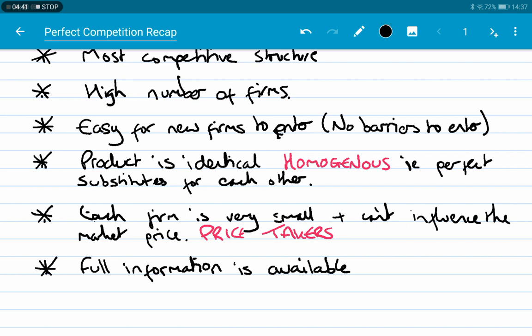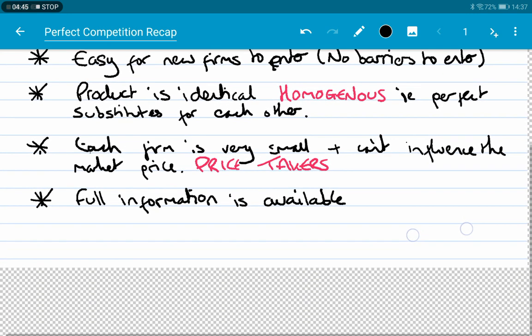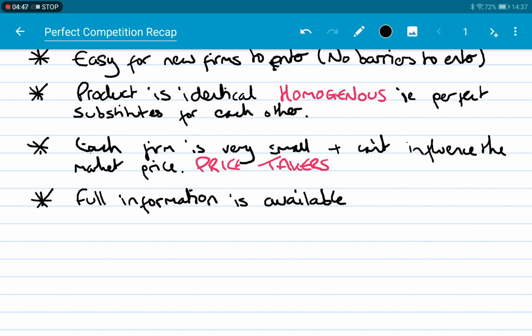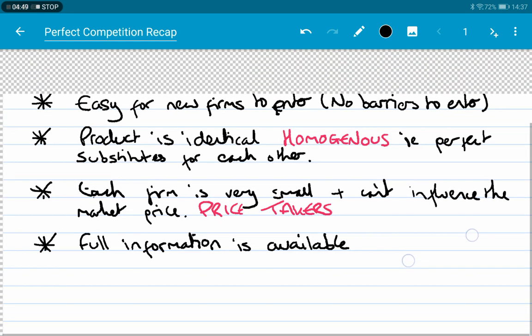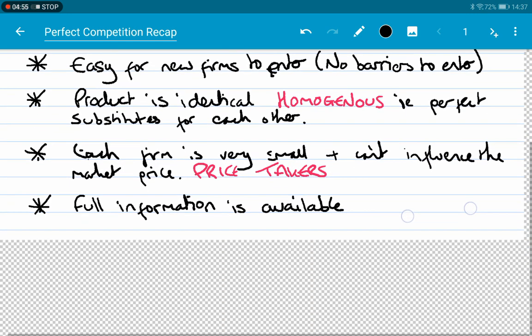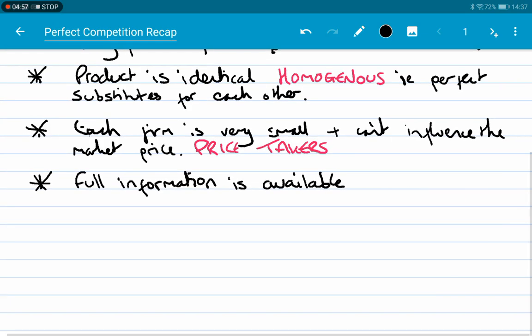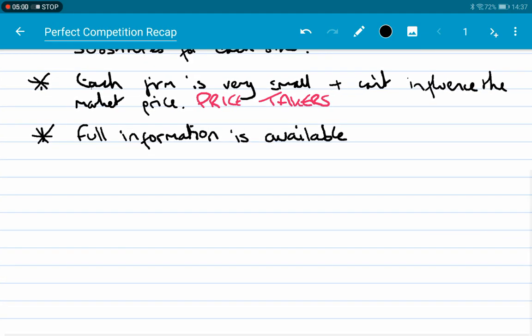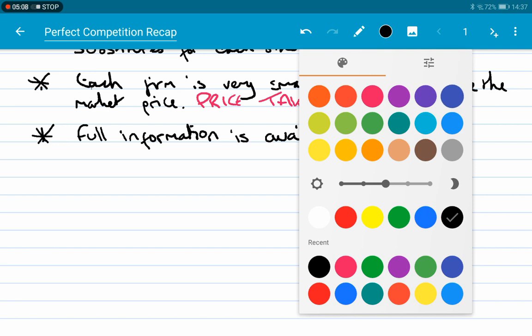Now, without the use of a graph, we might be able to think, well, what is the significance of these assumptions all combined together? Okay, so we've got lots of firms. Firms can come into the market easily. The product is identical. Each firm is really small and they've got to sell their product for the same price as everybody else. So taken together, what is the total effect of those assumptions?